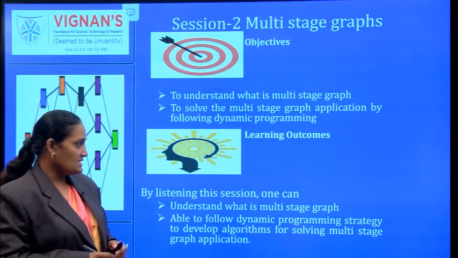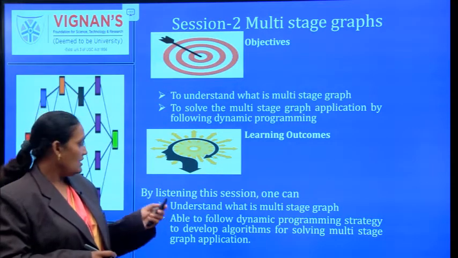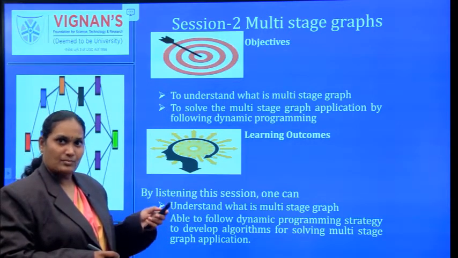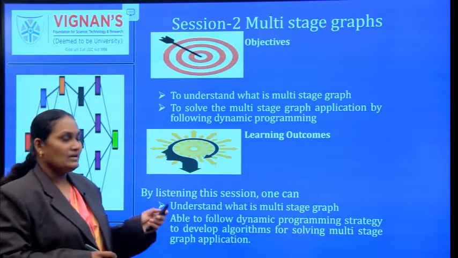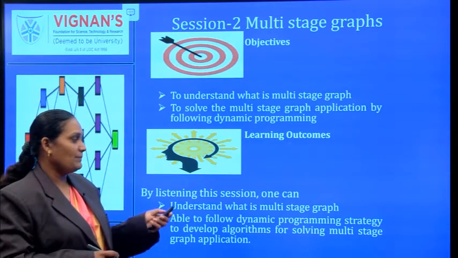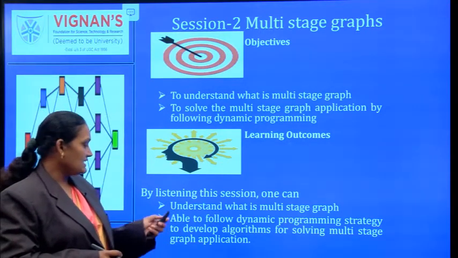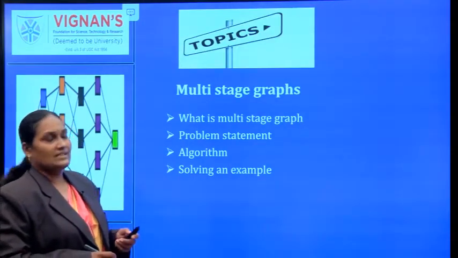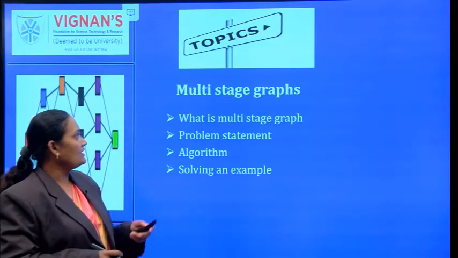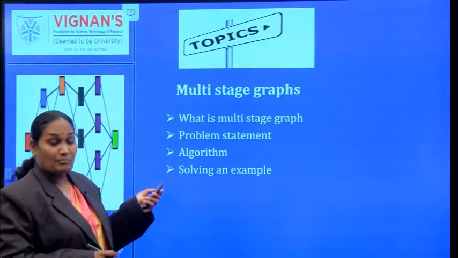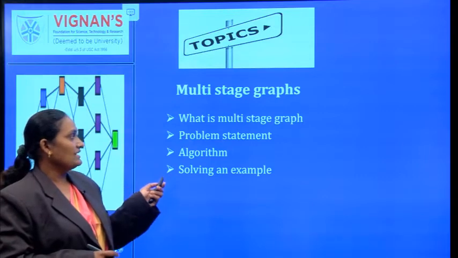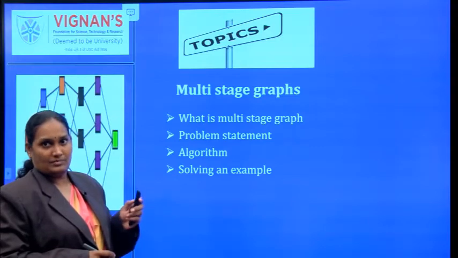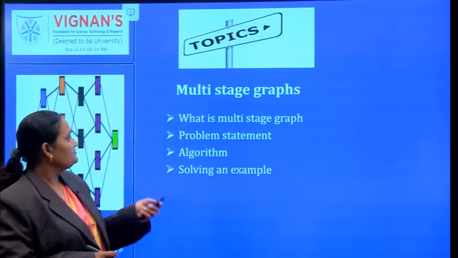The learning outcomes are that by listening to this session, one can understand what a multi-stage graph and the multi-stage graph problem are, and be able to follow the dynamic programming strategy to develop algorithms for solving the multi-stage graph application. The topics we are going to discuss are what a multi-stage graph is, the problem statement, the algorithm that we follow, and finally solving an example problem.